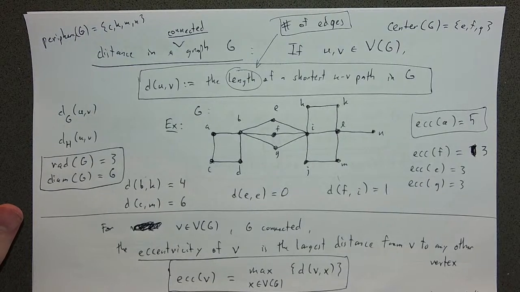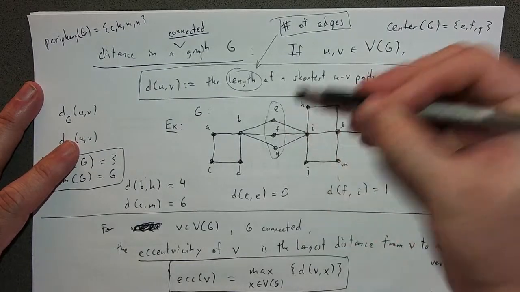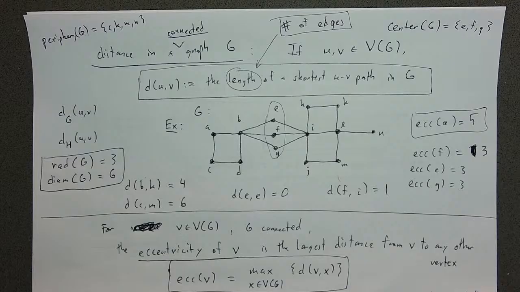Now it's clear intuitively what is being singled out by these things. The center, these vertices, that's like the middle of the graph. It truly is like the center of the graph. It's the vertices that are as close as they can be to all other vertices.